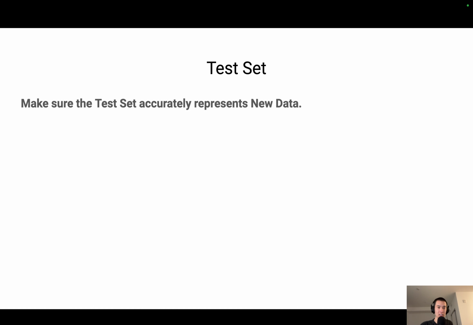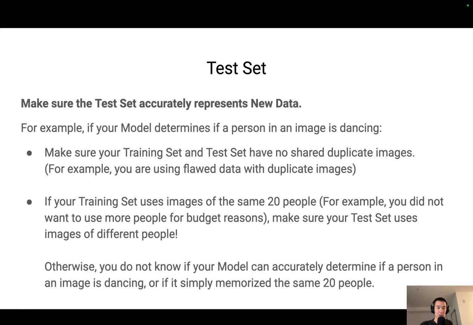Or if your training set uses images of the same 20 people, for example, you did not want to use more people for budget reasons, make sure your test set uses images of different people. Otherwise, you do not know if your model can accurately determine if a person in an image is dancing or if it simply memorized the same 20 people.